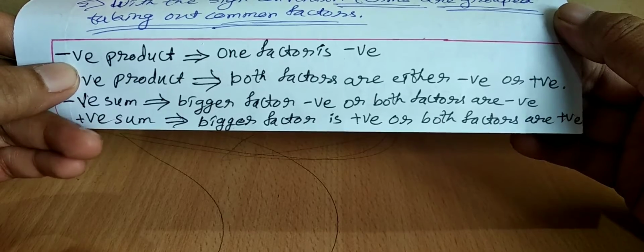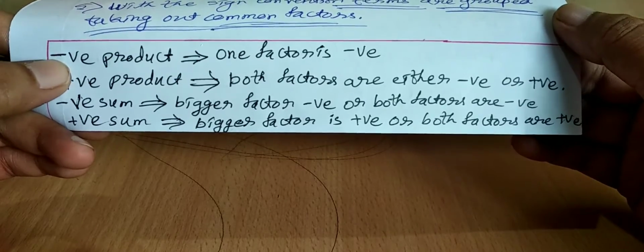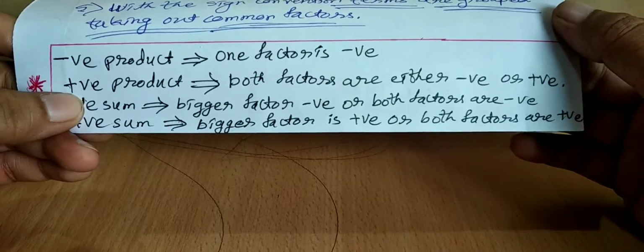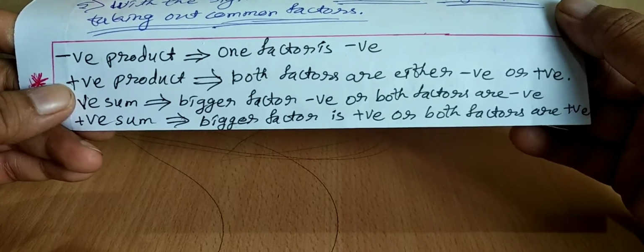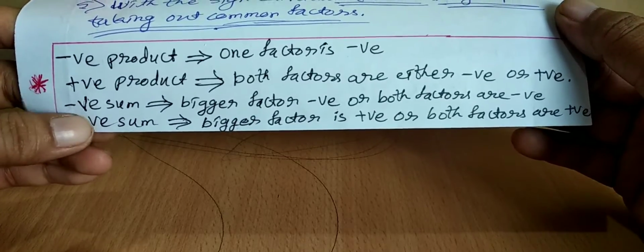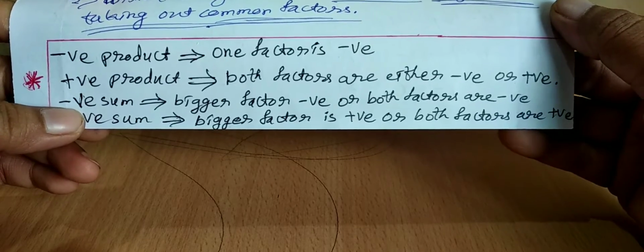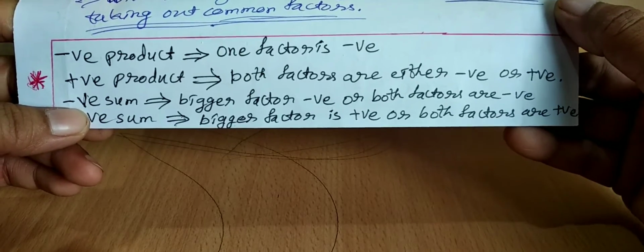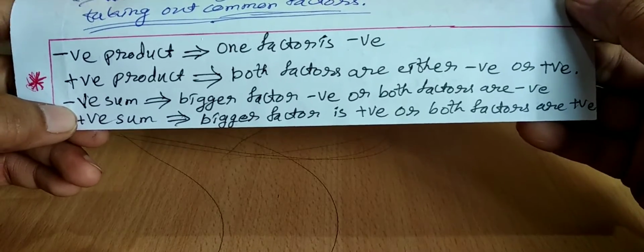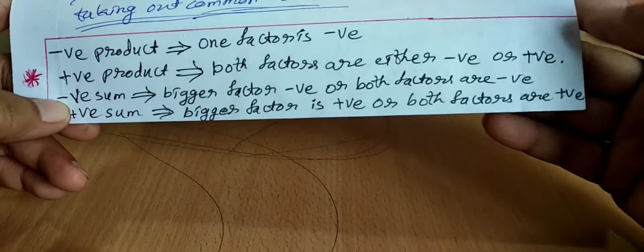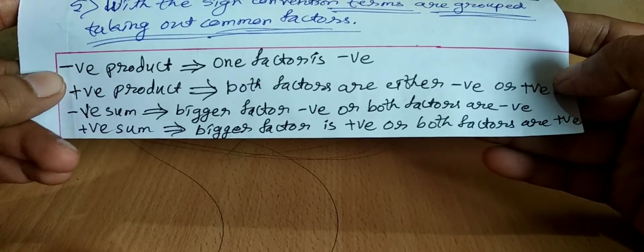Negative product means one factor is negative. Positive product means both factors are either negative or positive. Negative sum says that the bigger factor is negative or both factors are negative, and positive sum says the bigger factor is positive or both factors are positive.